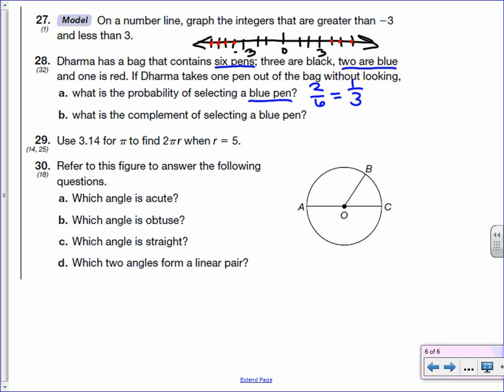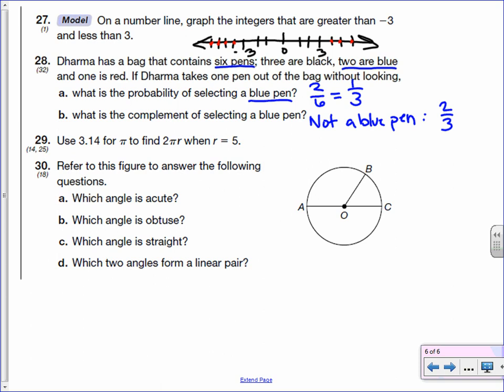Complement means the opposite. So it would be not a blue pen, which is 2/3. The opposite of 1/3 when we're talking about probability is what would add to be 1. 1/3 and 2/3 gives us 1.